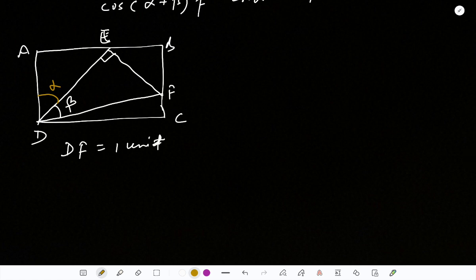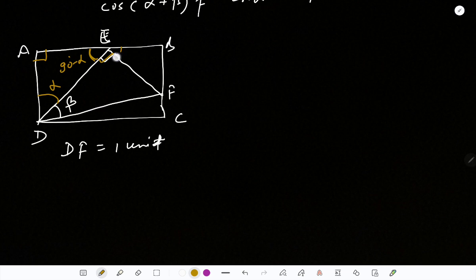You have many triangles, many right angle triangles. You can see here this is now 90 degree. That means this angle is 90 degree minus alpha, and this angle is 90 degrees. So altogether these two angles form 180 minus alpha, and this whole angle is going to be 180 degree.